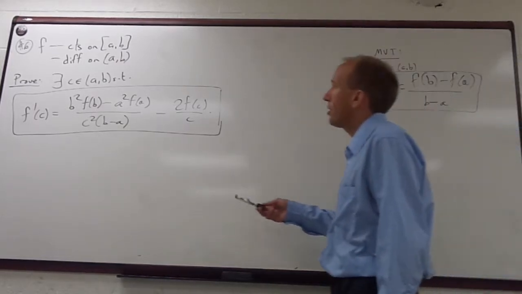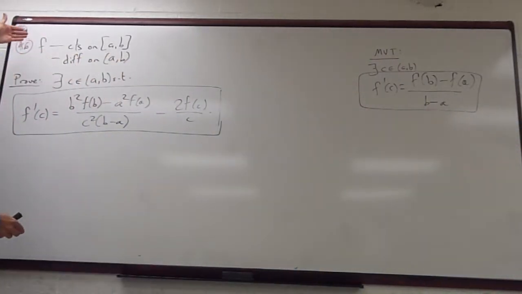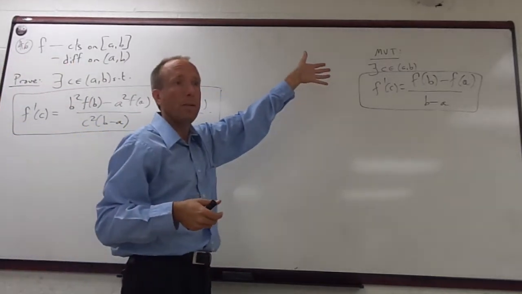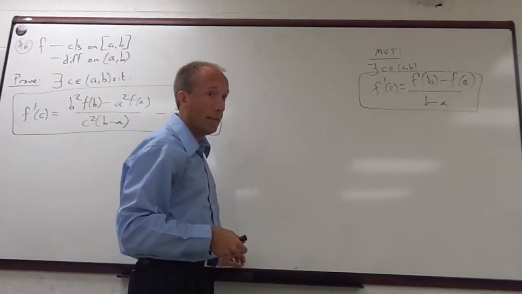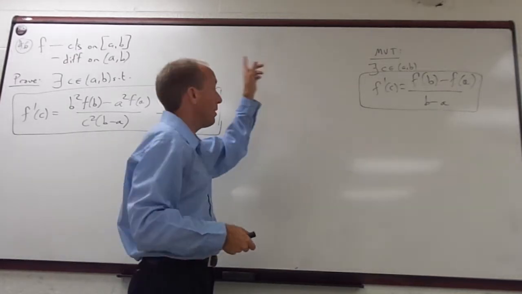This problem started off with some function f, we don't know what it is, and we want to prove this thing about f. Then we came over here and wrote down the mean value theorem, and we used f again, as if this f is going to be the same f as that.